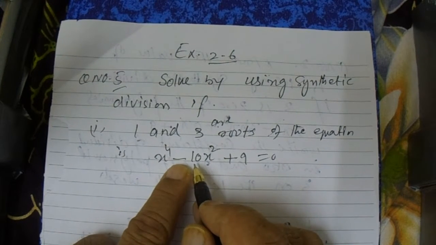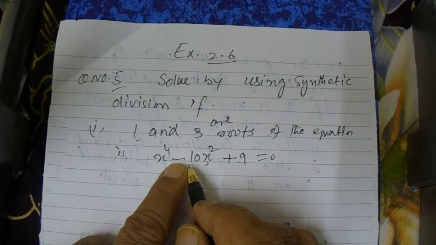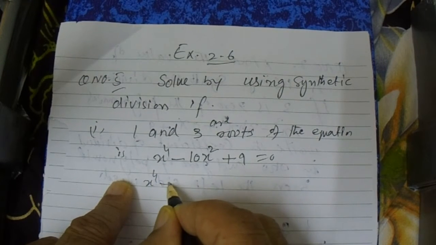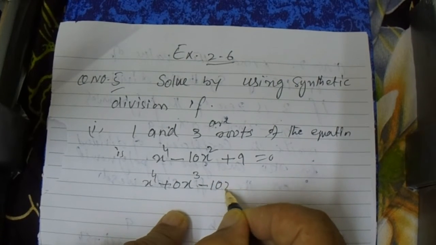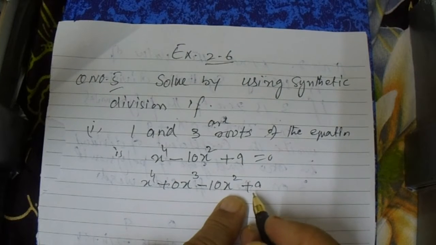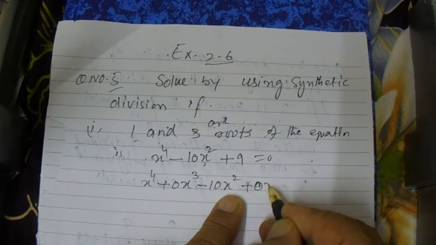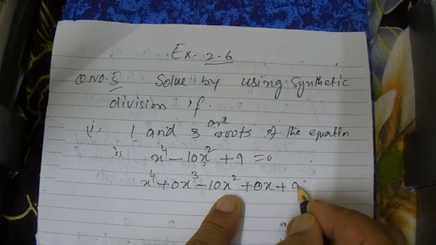Here we see that x cube is missing. We complete it by putting 0 as the coefficient of x cube: x to the power 4 plus 0x cube minus 10x square, and x is also missing here, so we put 0x, plus 9 is equal to 0.